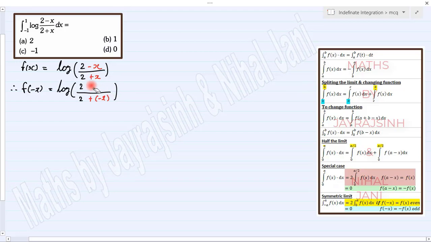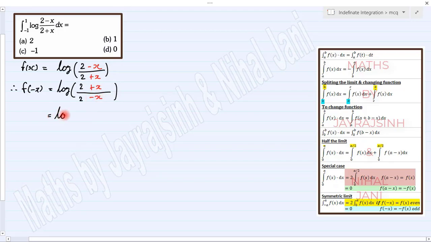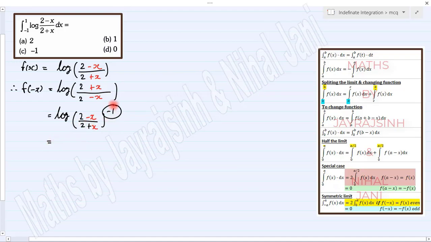So here we'll get 2 plus x, and in the denominator we will get 2 minus x, which can be rewritten as the inverse of 2 minus x upon 2 plus x. Okay, now according to the property of log, we can take this minus within the multiplication of log.